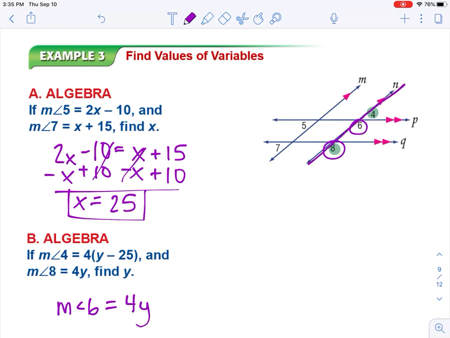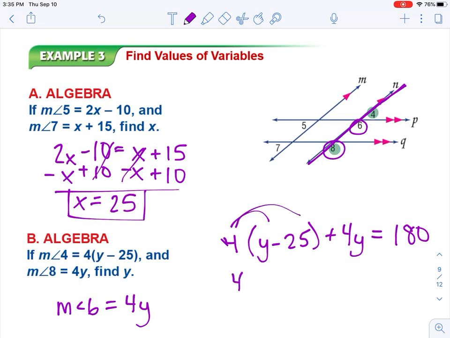So now I have a straight line, so I can say that the measure of angle 4, 4y minus 25, plus 4y, the measure of angle 6, must equal 180.